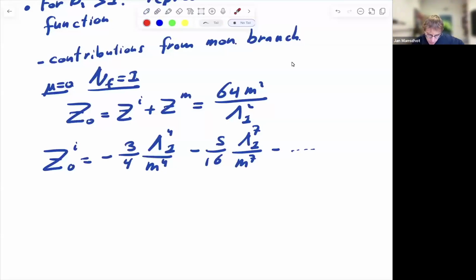So it's nice that we find, more generally, that the total partition function comes out as a rational function, whereas the individual contributions of the monopole and instanton branches are rather involved algebraic functions, but they sum up precisely in such a way that the end result is simple. In this case, it's even just a monomial. So there's again an interplay between the monopole and the instanton branch.